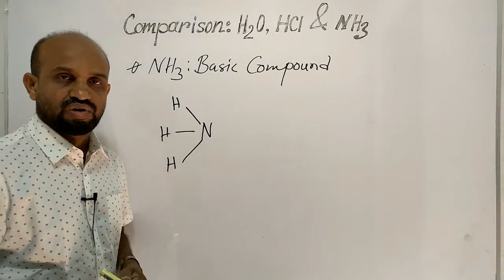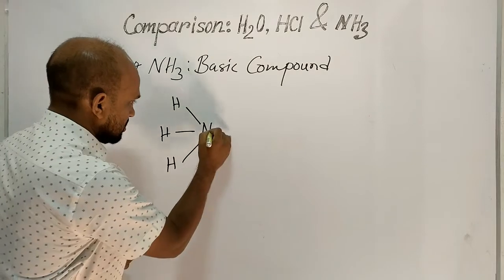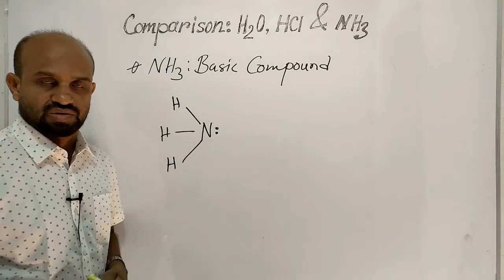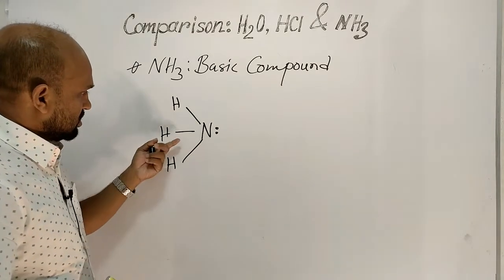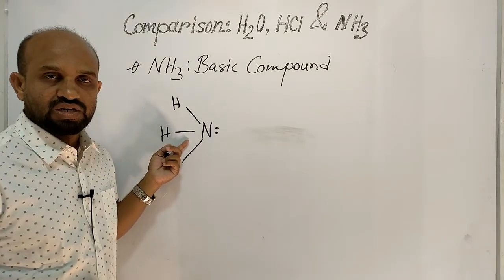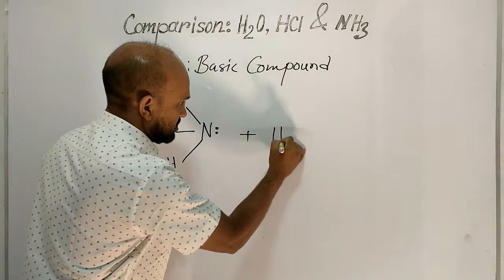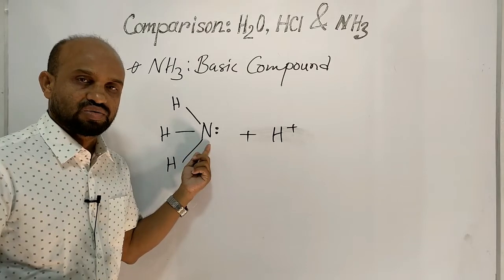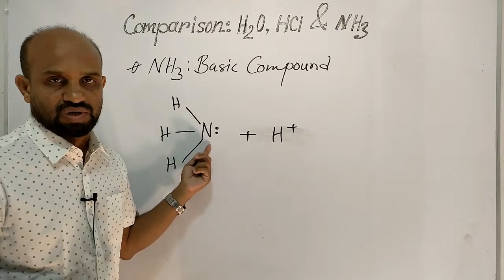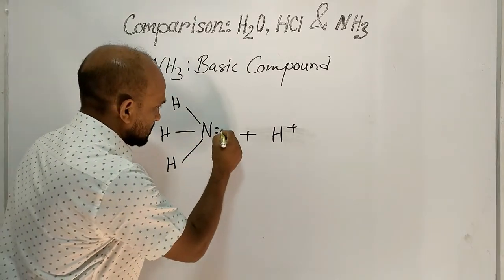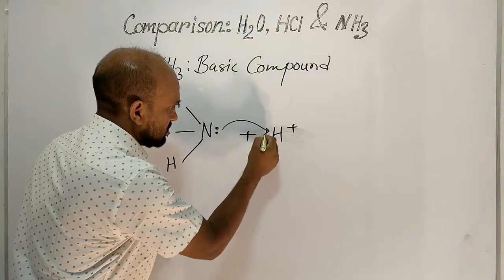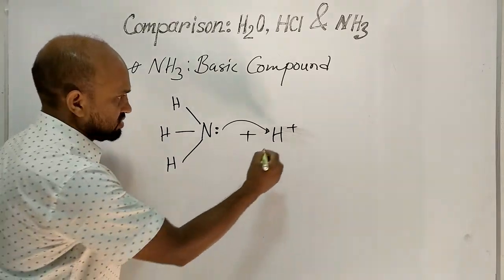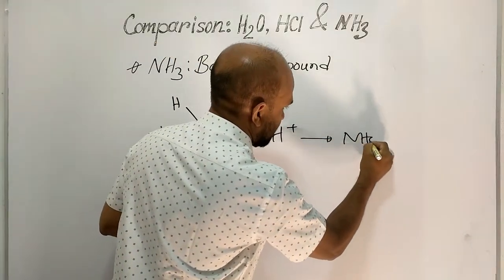This is the structural formula of ammonia, where nitrogen contains one pair of electrons. When ammonia is added to acidic medium, then this nitrogen, with the help of the lone pair of electrons, binds a proton with itself, and then ammonium ion is formed.